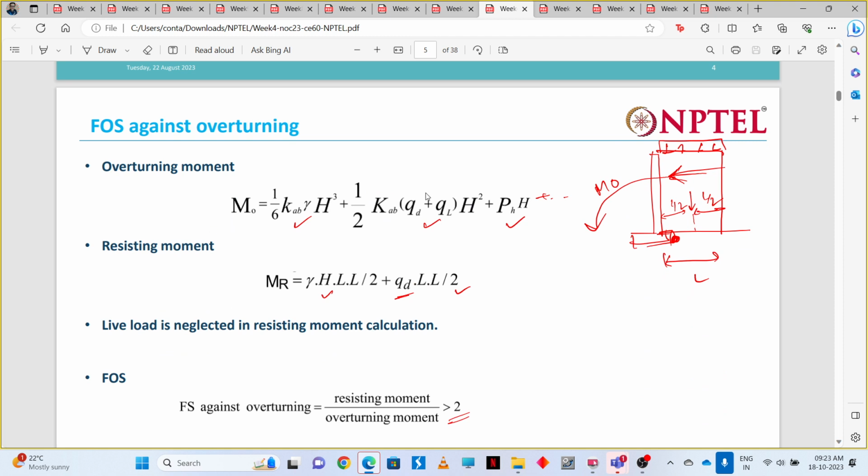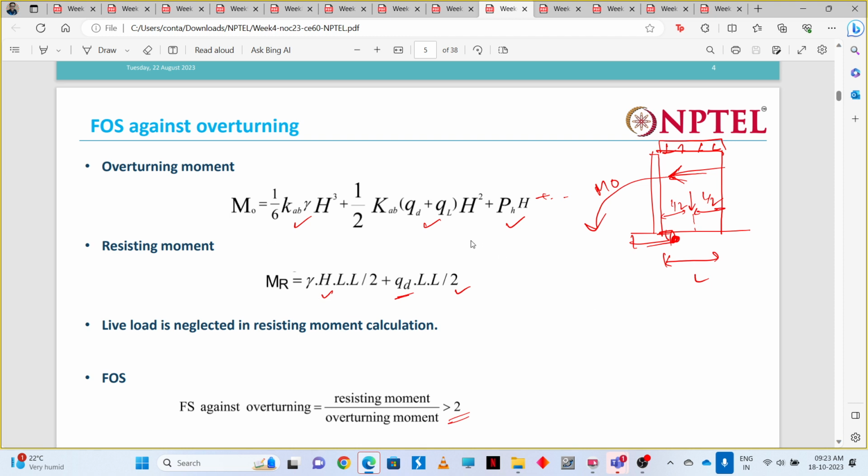In the overturning check, we need to calculate all the overturning moments. The overturning moments are generated by the lateral pressures from the live load, the dead load, and the earth pressure of the soil. All these things we calculated. Then we have the resisting moment. How to get the resisting moment? It's given here.